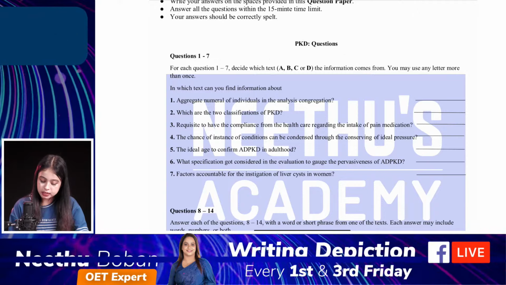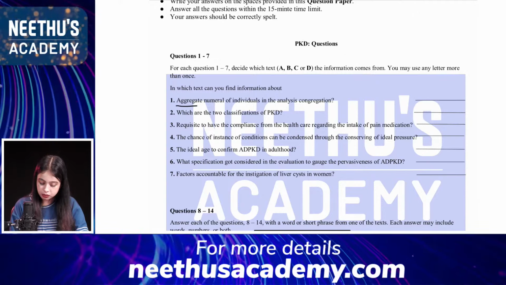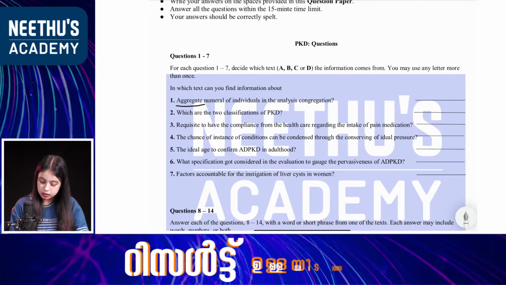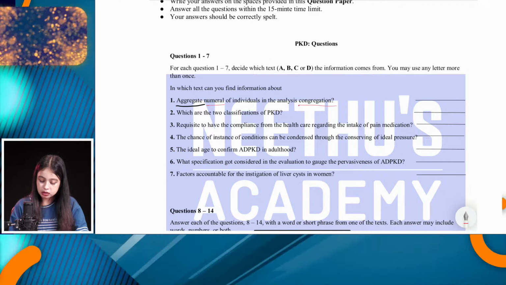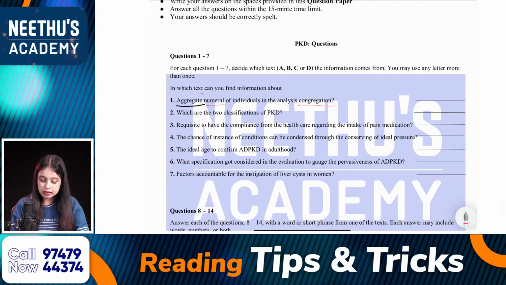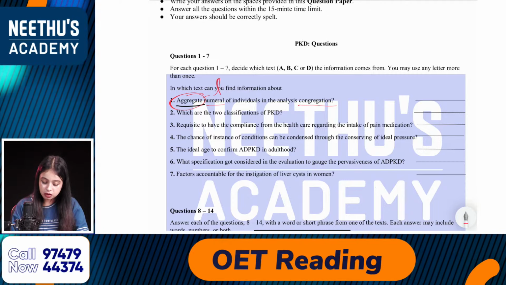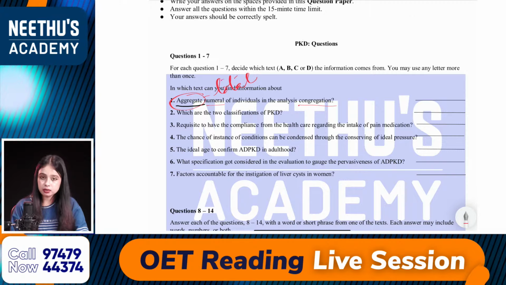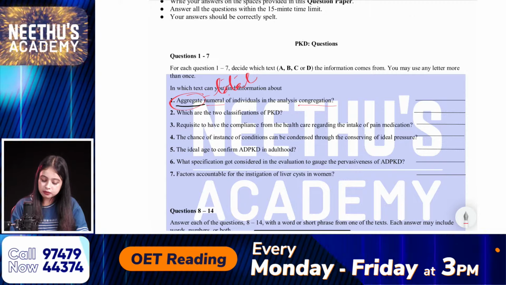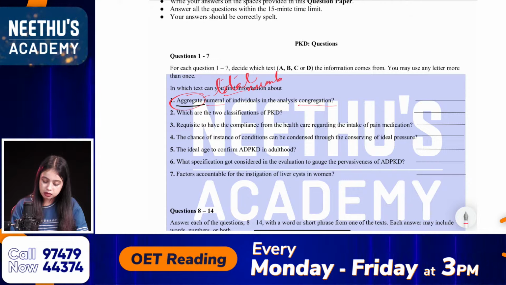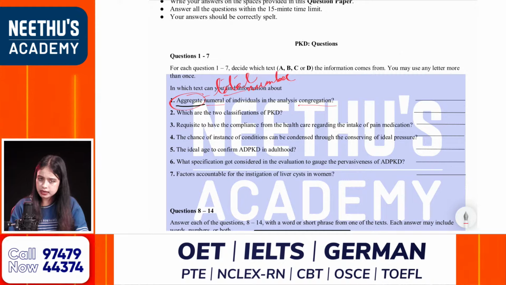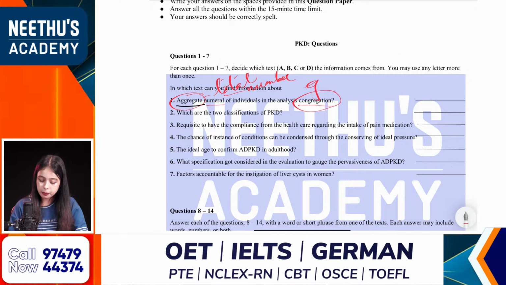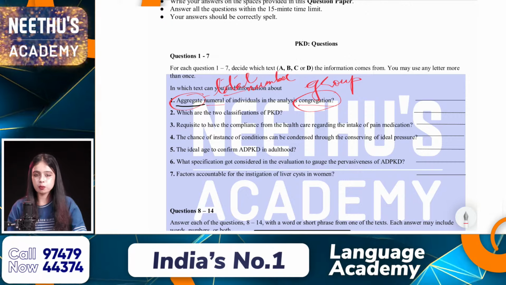Okay, aggregate is my first keyword. Numeral, analysis, congregation. Aggregate, which means total. Numeral, which means the number. Analysis, you know what is analysis. Congregation, which means the group.